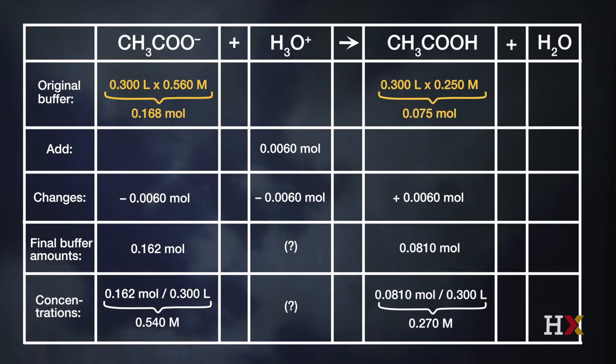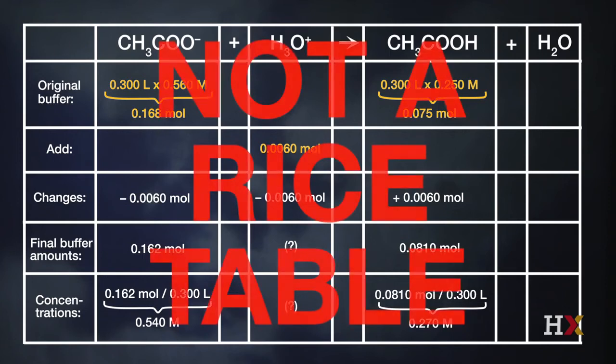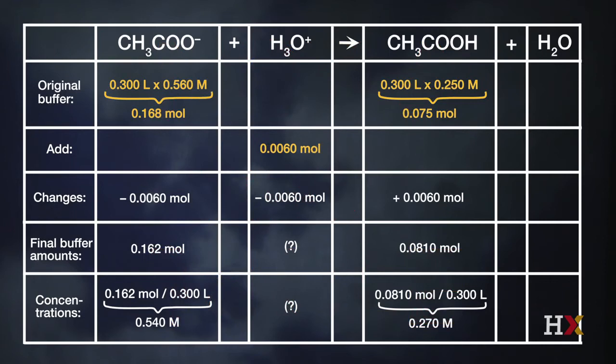Well, that's interesting because now the problem says that we're going to add 0.006 moles of H3O+ of the acid. So when I work out this, I recognize that in this solution I'm going to drive 0.006 moles of H3O+. Now, a very important point here is that this is not a Rice table. We don't have any equilibrium involved in this. We are adding one H3O+ and we're taking out one conjugate base. So it's a simple arithmetic problem. So the change then is that we're going to steal one conjugate base for every H3O+ added, so that's a minus 0.006.